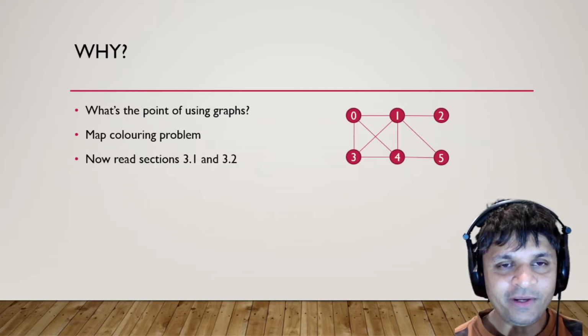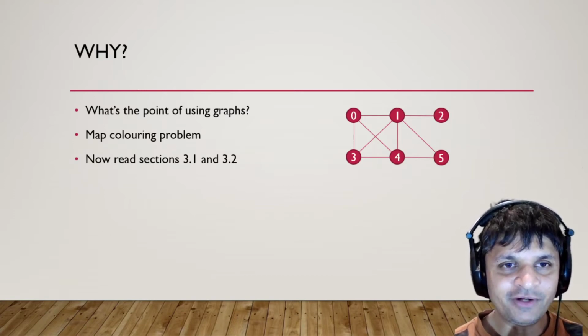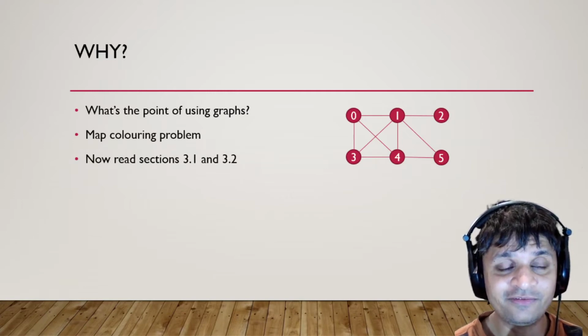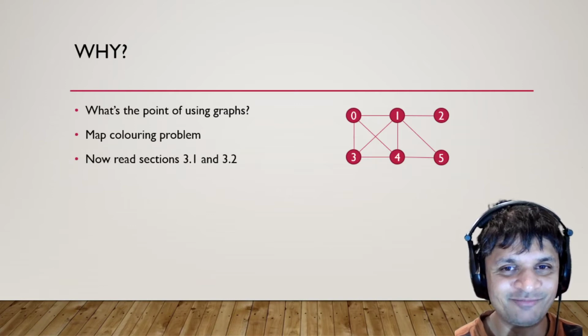Now, if we reframe that problem, if we say, instead of trying to color adjacent countries using different colors, let's convert this into a graph representation so that it's abstract, right? So now we say, okay, we've got vertices and edges, and sometimes I'll say nodes instead of vertices. They're just synonyms, right?